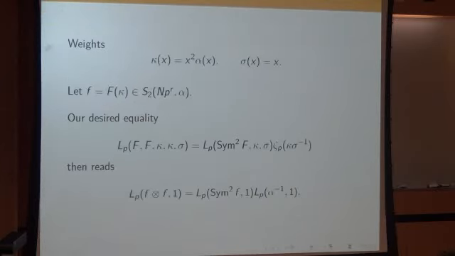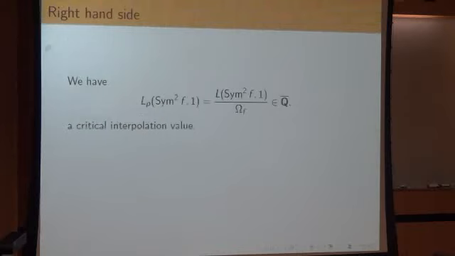So now we have to understand the two sides of this equation, each of the three terms involved. So let's just study them one by one, what we can say about each. So this is what we're trying to prove for the rest of the talk. The simplest one is the value of the symmetric square.